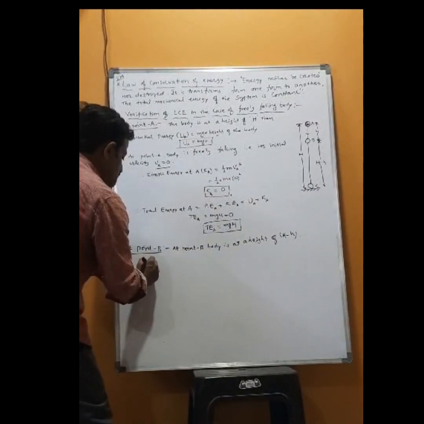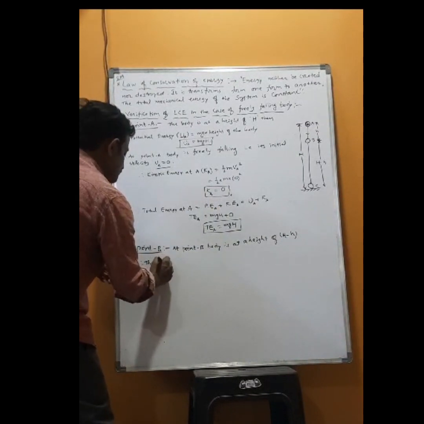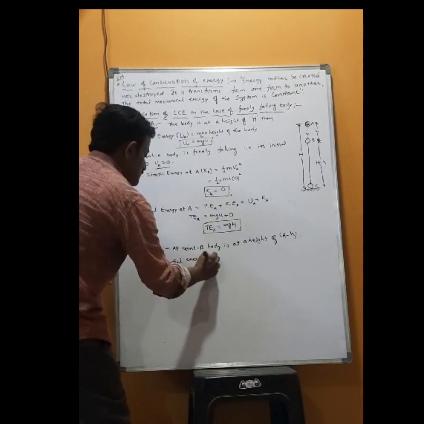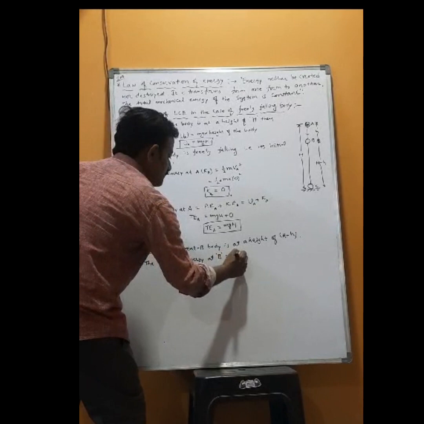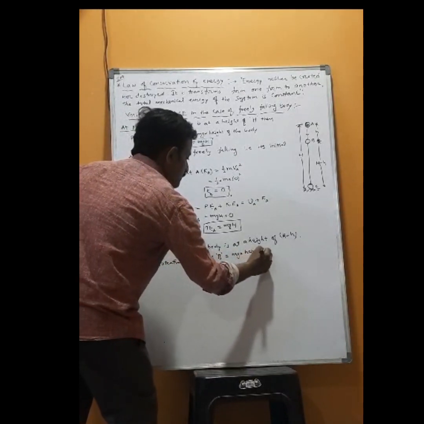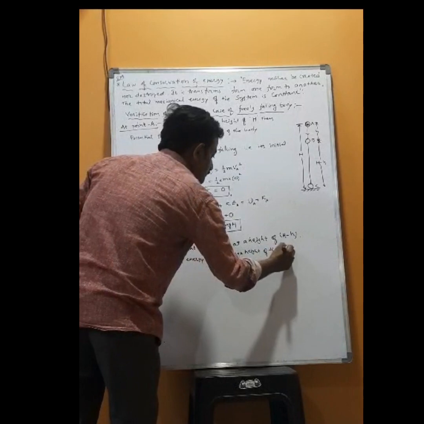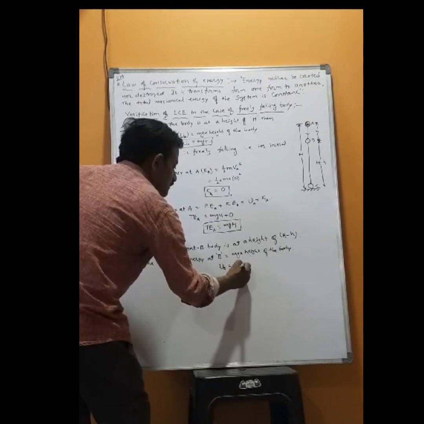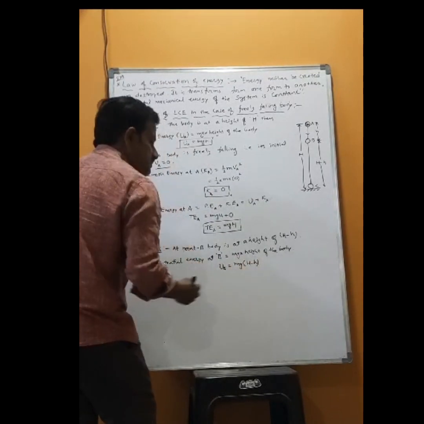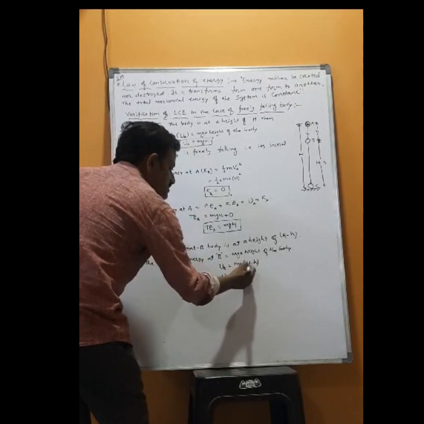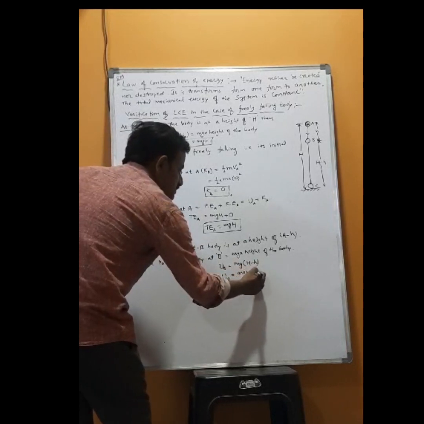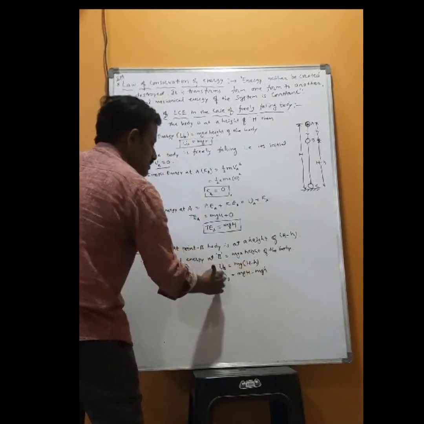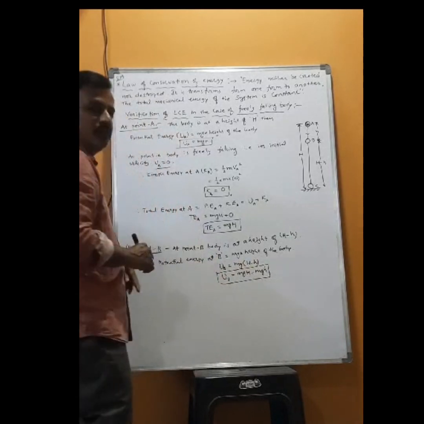The potential energy U at B is equal to mg into the height of the body, that is mg into (H minus h). So U at B is equal to mgH minus mgh. Now we get the potential energy at point B.